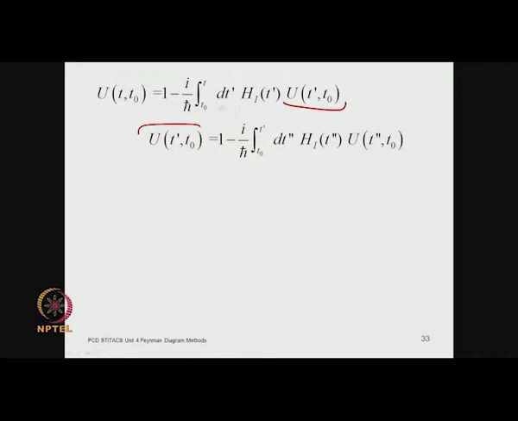Over here the integration was over t prime, which was the dummy label here, and this was from this limit t0, which is the lower limit, to this one, which is the upper limit coming over here.